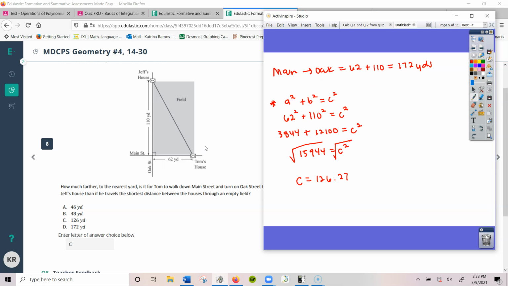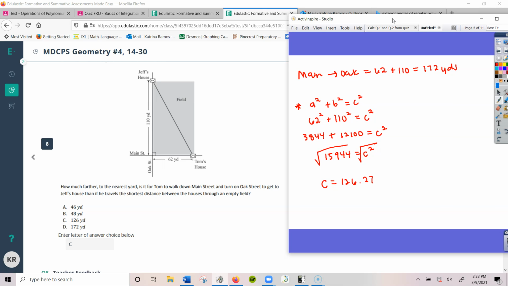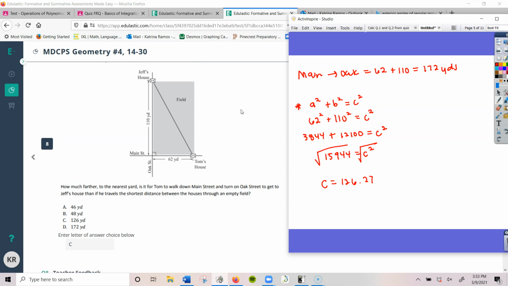Here it is. Okay, so 62 plus 110 is 172. Then we did a squared plus b squared to get just how long it travels the shortest distance. It says the correct answer, oh, it doesn't tell me what the correct answer is. So let's just do that math again and see what happened.